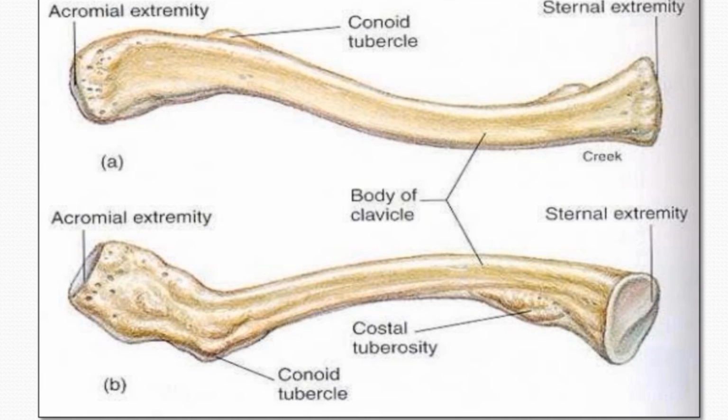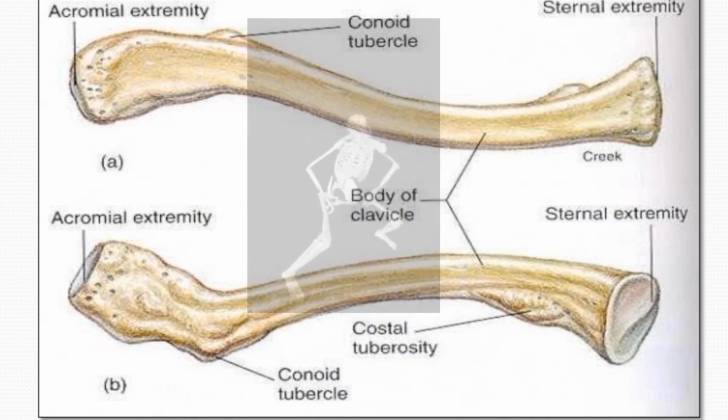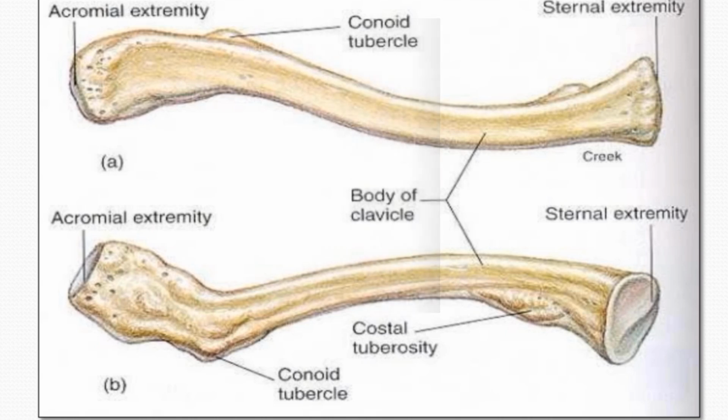Now let's talk about the functions of the clavicle. Actually, the clavicle is very important in the sense that it's the only bone that connects the axial skeleton with the upper limb. That is one of its functions, and it allows free swinging of the hand.